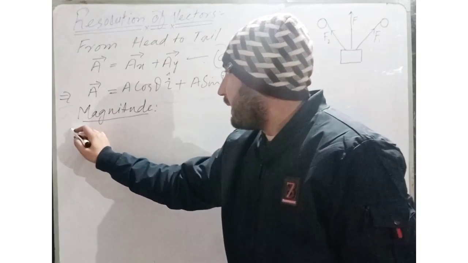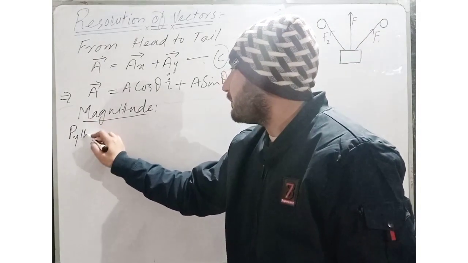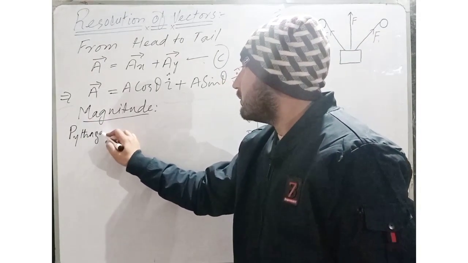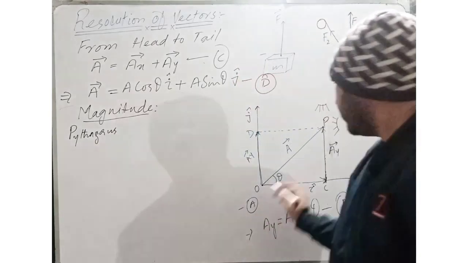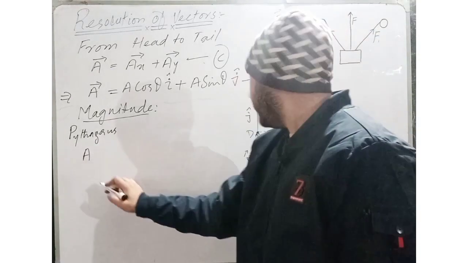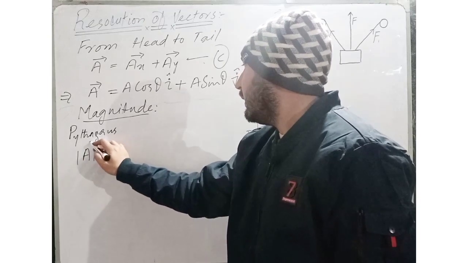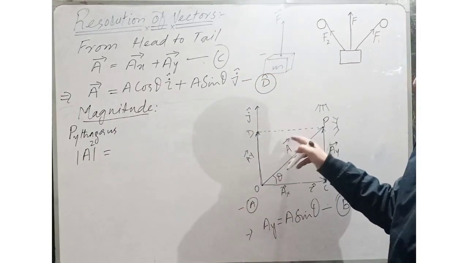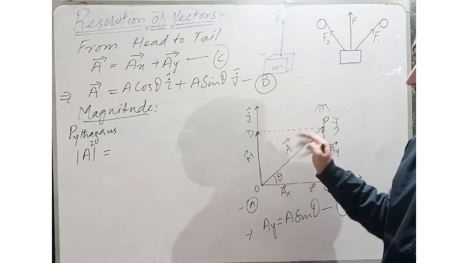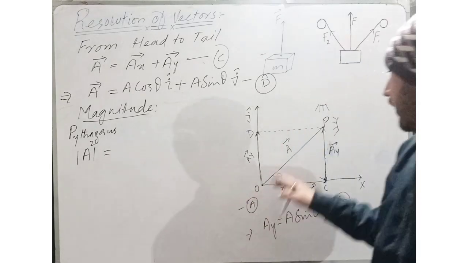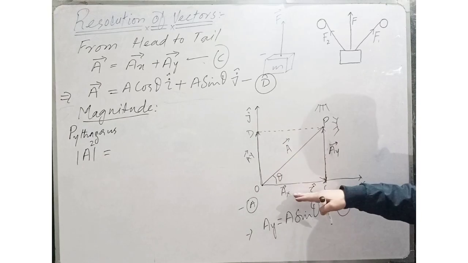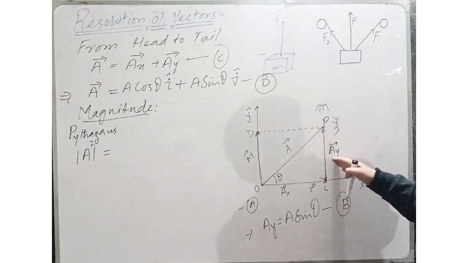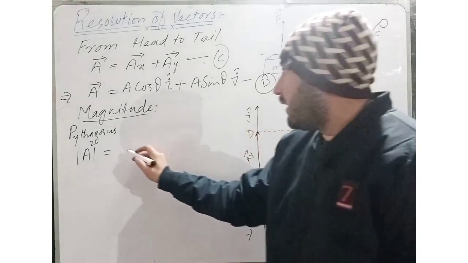So from the Pythagoras theorem, A squared, and we are interested in its magnitude so we can omit the arrow sign, will be equal to, hypotenuse squared equals base squared plus perpendicular squared. That is the statement of the Pythagoras theorem.